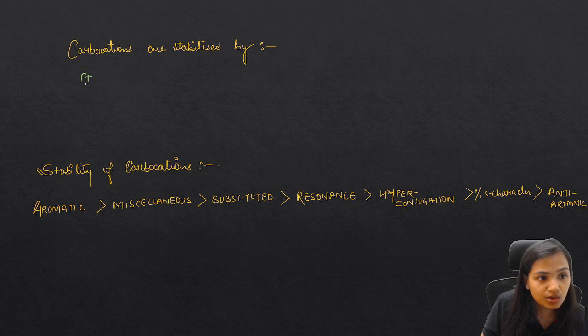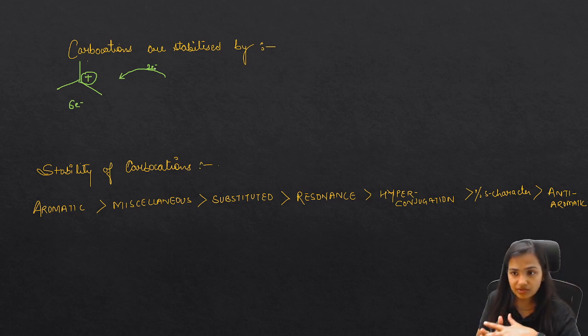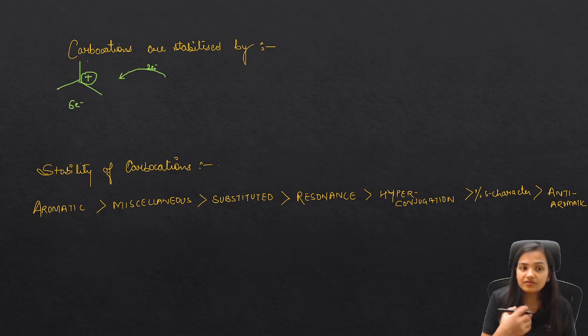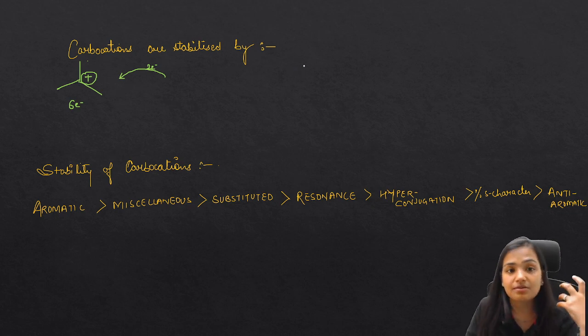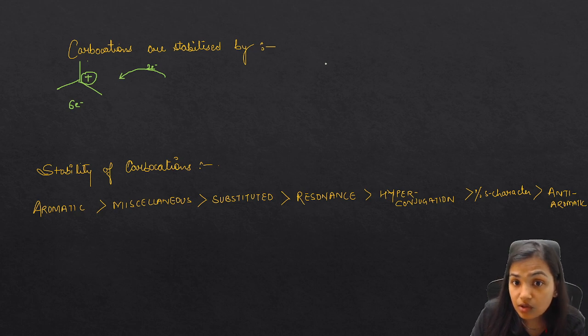Carbocations, you already know, are 6 electron species. They basically want 2 electrons. So the question is, who can give those 2 electrons? So they basically want to stabilize. That's why they are looking for any species that can give the electron pair. So these carbocations can be stabilized by the lone pair.